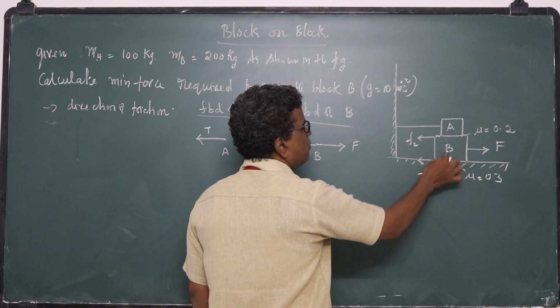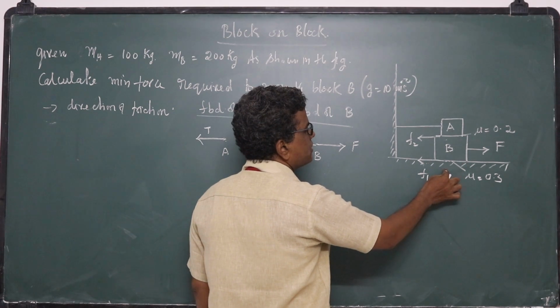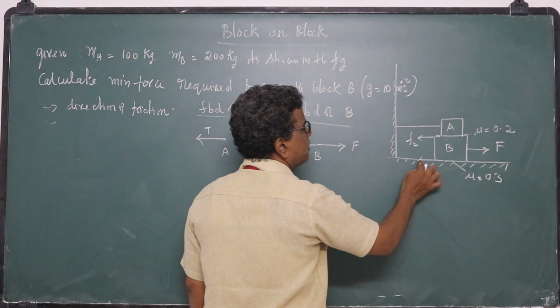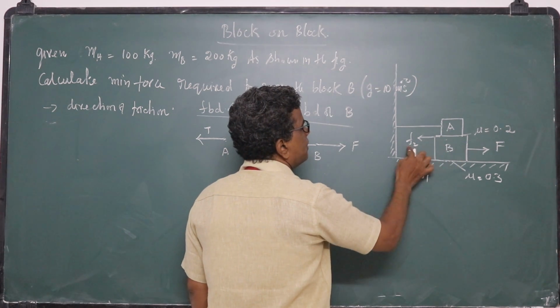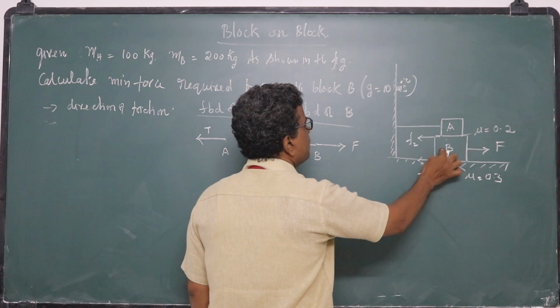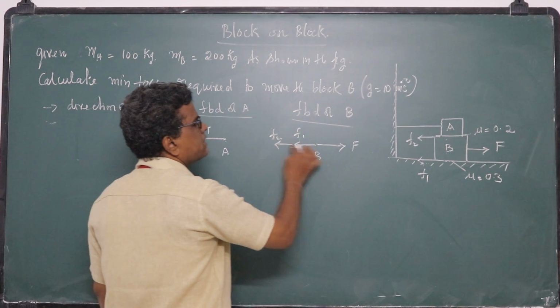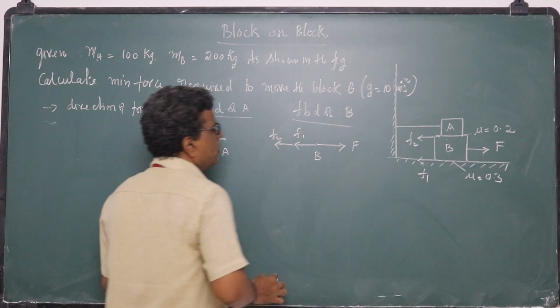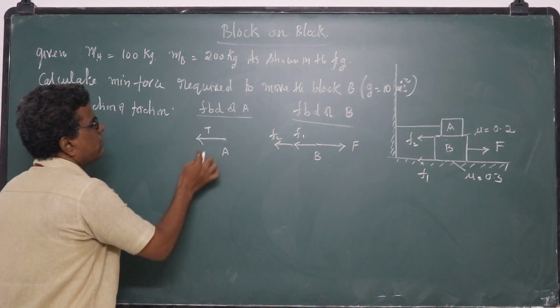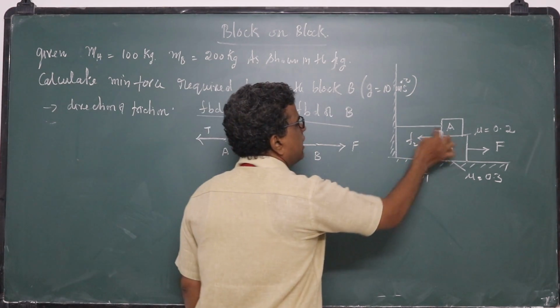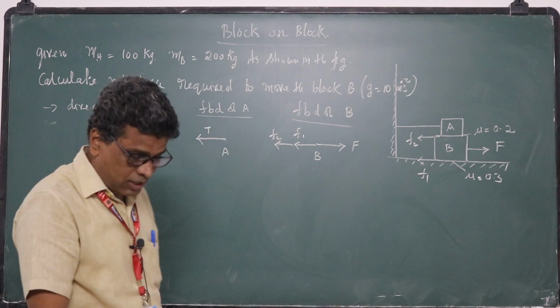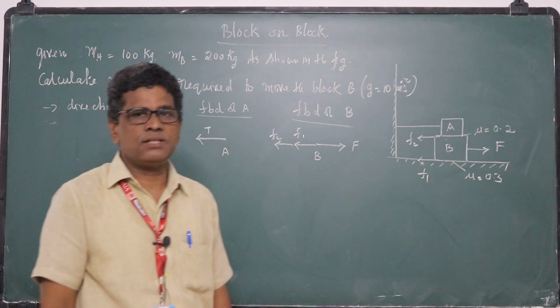F1 is the frictional force between block B and the surface. It opposes its motion, and the frictional force between A and B also opposes. Let it be F2. So F1 and F2 are in the same direction on block B. And on block A, the frictional force obeys Newton's third law.